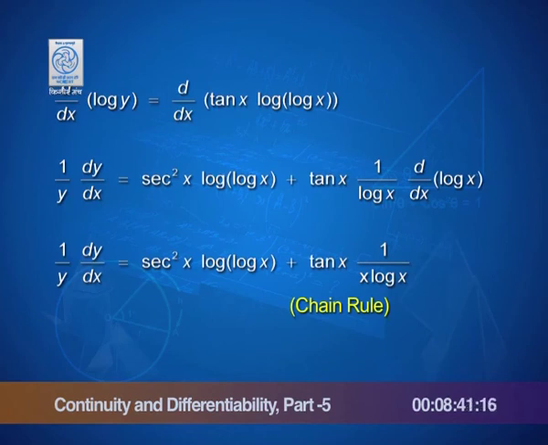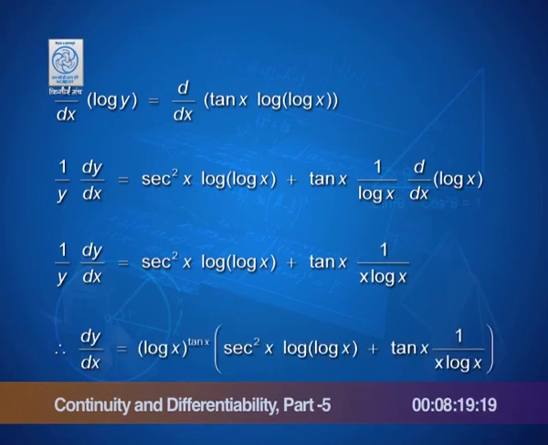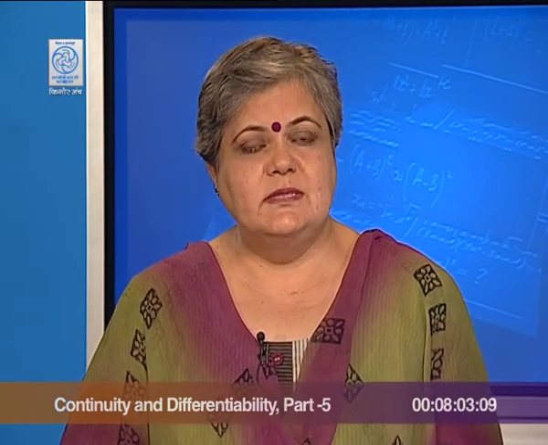So, when I say log derivative, it is derivative of log x with respect to log x, and then chain rule requires that I multiply with the derivative of log x, which is 1 by x, and thus our dy by dx is ready. Taking y to the right hand side, I get log of x raised to the power tan x into sec square x log of log x plus tan x into 1 by x log x. Not much gets simplified in this case.